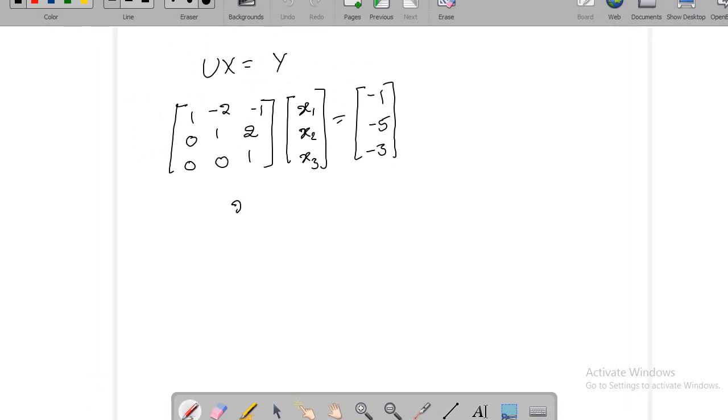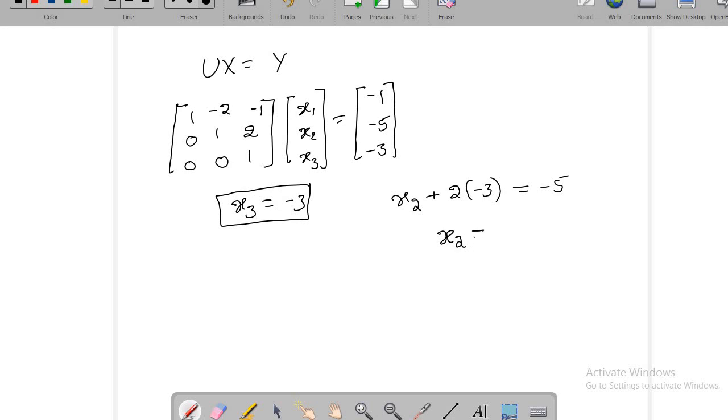Now from here you can see x3 is nothing but -3. Next, from the second expression, x2 plus 2 times x3, where x3 is -3, equals -5. So x2 is nothing but 1. Next I need to find x1. So x1 minus 2 times x2, which is 1, minus 1 times x3, that is -3, equals -1.